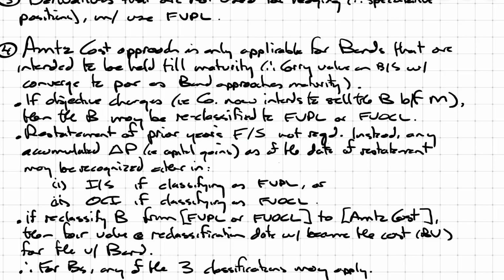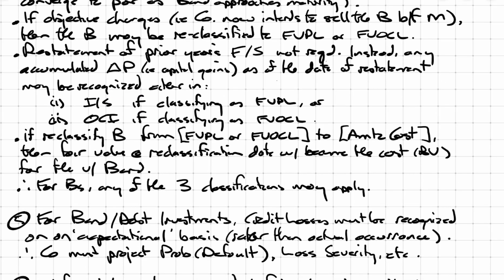So you don't have to go back from the time you bought the bond and restate your financial statements using one of the fair value approaches. Instead, any accumulated change in price, which is capital gain, as of the date of the reclassification, would be recognized as a one-time catch-up, either in the income statement, if you're classifying it as PL, or in OCI.